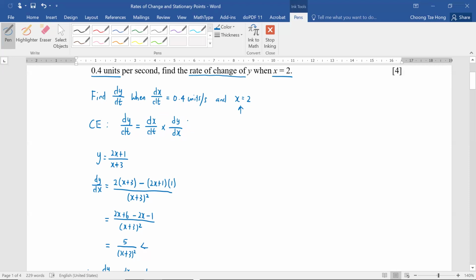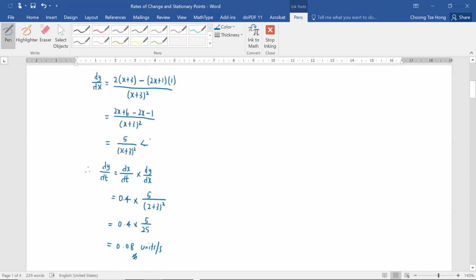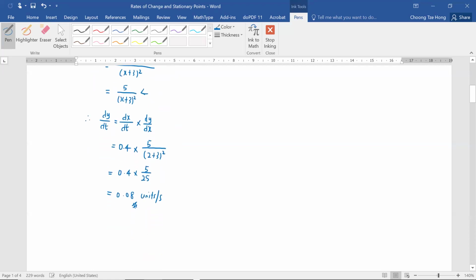Then we need to ask ourselves what else we need to find such that the left and right side of the connected equation will be equal. After that, go ahead and solve and find the things that we need. In this case we need to differentiate to find dy over dx. Once you have that, put everything in the connected equation and calculate the answer. Right, so just like this.